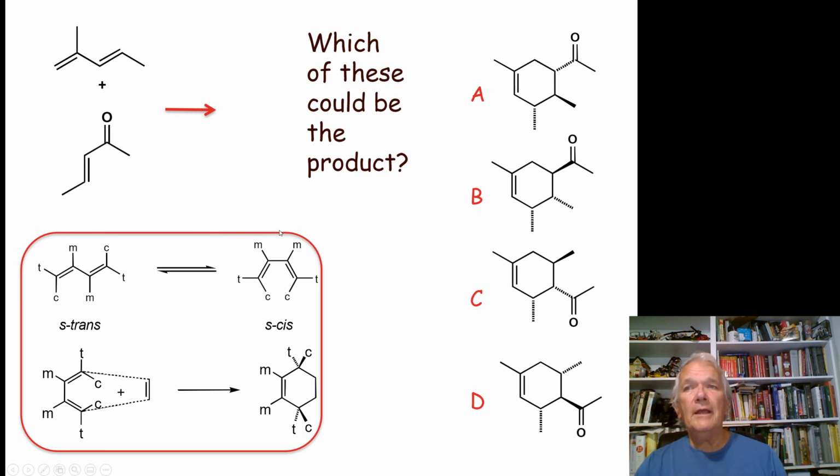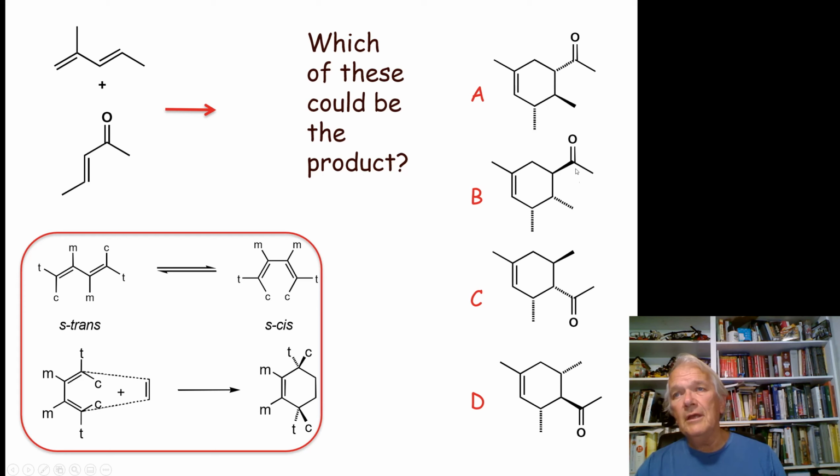Okay, so again, let's look at this particular pair. Here, pause and work it out below. How are we going to do this? Well, the thing to think about here is that we want the carbonyl next to the methyl group. So that's the regiochemistry. We're going to look at this right here. These are the new bonds we're forming. Here the carbonyl is away from the methyl group.